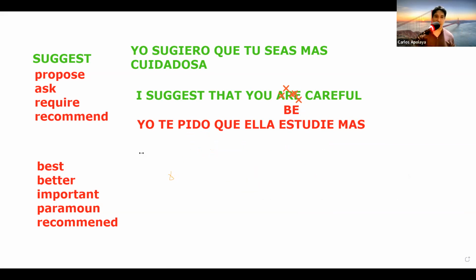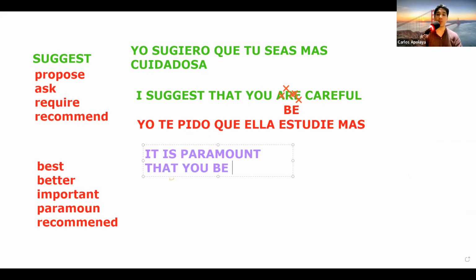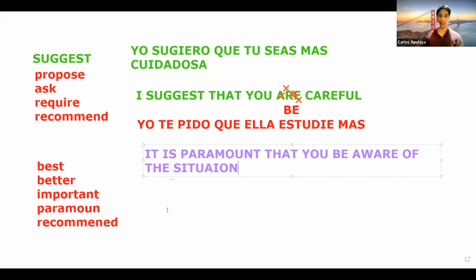For example, it is paramount that you be aware of the situation. Es importante que seas consciente de la situación. It is paramount that you be aware of the situation. Did you understand?